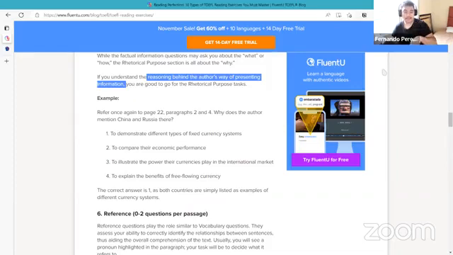Because precisely TOEFL tricks you with information that is more commonly known, information that is probably in your mind, information that you already saw in other places, in order to trick you away from the correct answer, right? This is a classic TOEFL move in every other case. And this particular tip works on the listening and the reading.